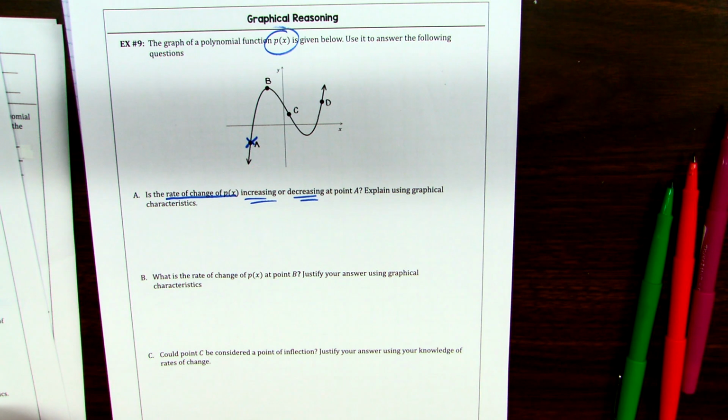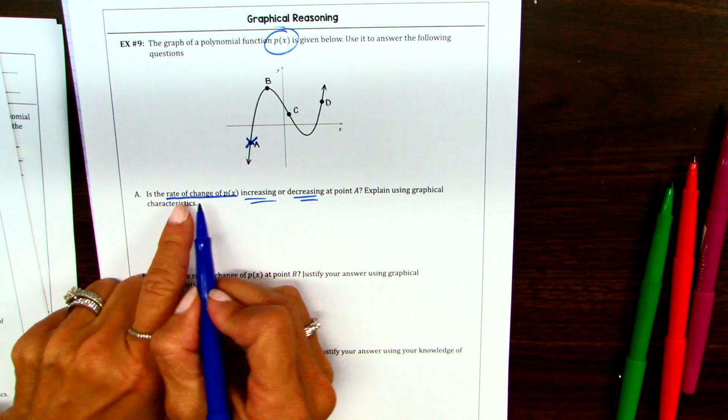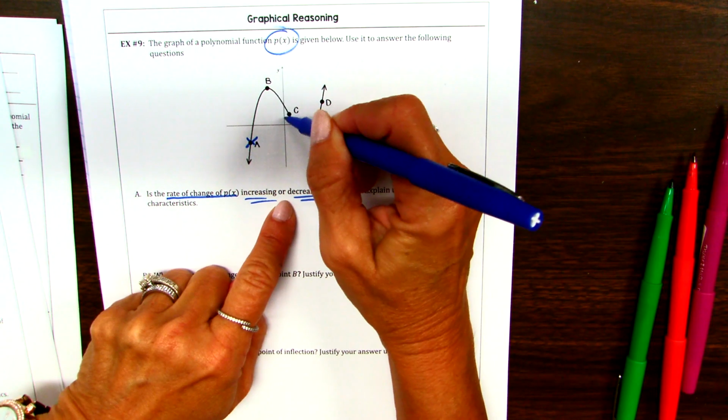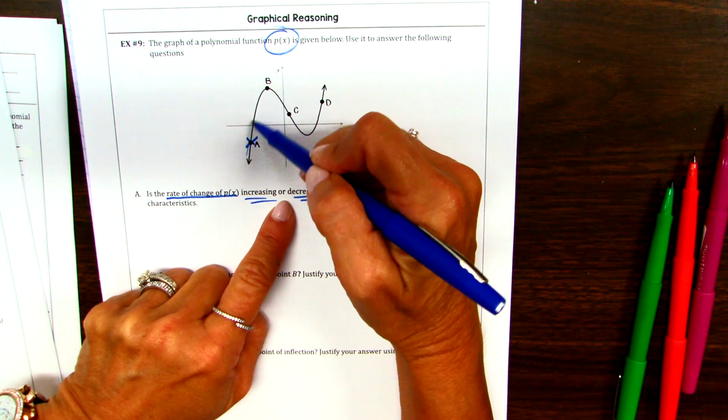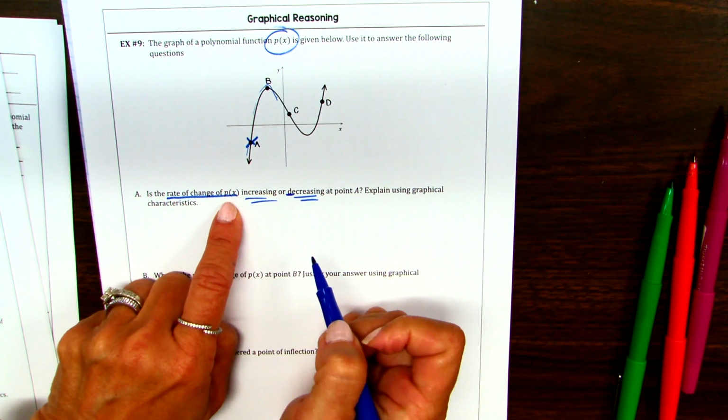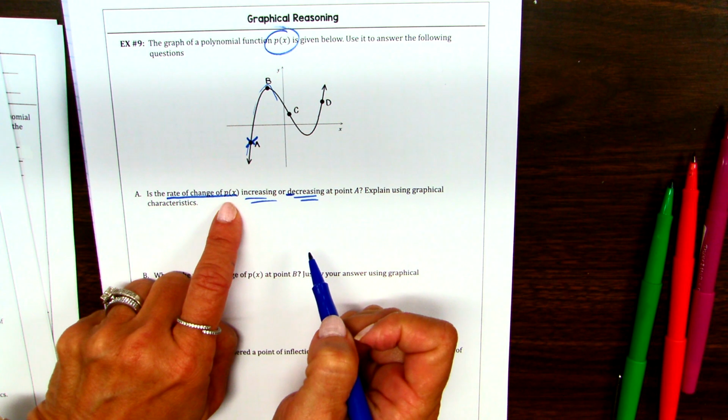Raise your hand if you think it's increasing. Okay, decreasing, must be everybody else. Okay, it's decreasing. Remember, rate of change, decreasing if you're on an interval of concave down. Remember, the concave down means your rates of change are decreasing. Good, for those of you that said increasing.